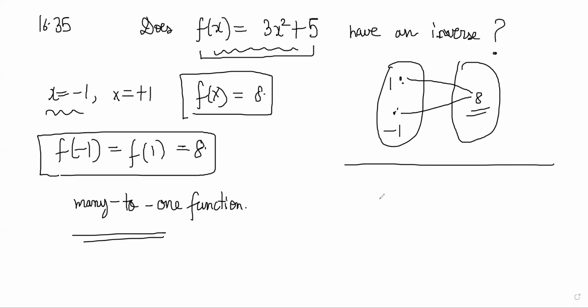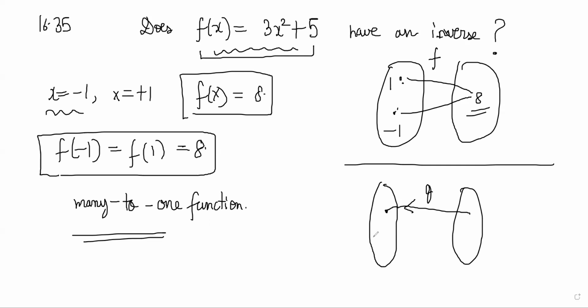Yeah. For such a function you cannot create an inverse, because the inverse should have been from here to here, right? But if I try to do inverse here, your 8 will go to two different outputs, right? That's not possible because this is not a real function.